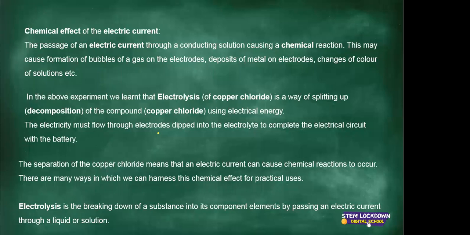Because if you don't put the electrodes into the solution, then it's not going to separate it. So the electricity flows into the electrodes, which is into the solution, and it completes the circuit. The separation of the copper chloride means that an electric current can cause chemical reactions to occur.